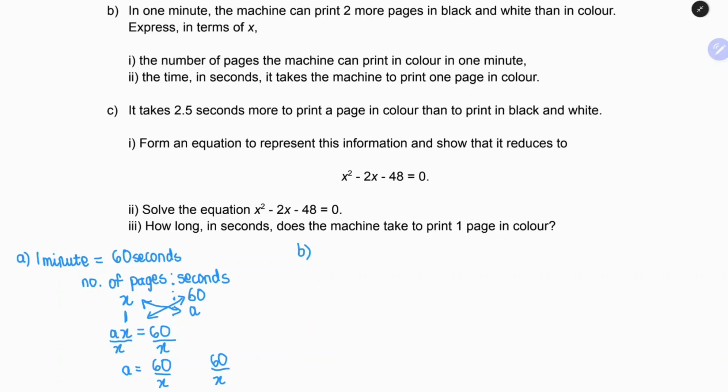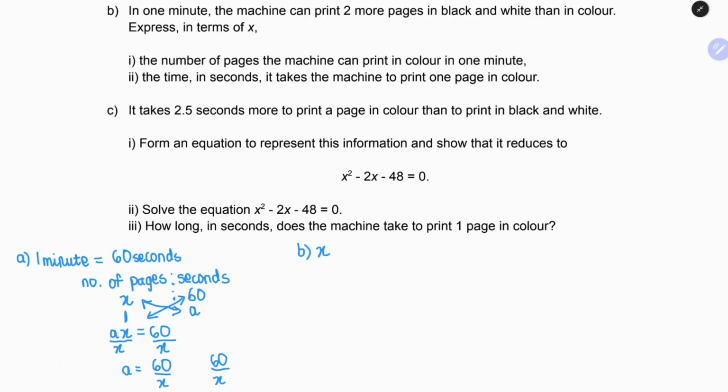So let us say that since we already determined that the machine can print X number of pages in 60 seconds, it's saying that it prints 2 more pages in black and white than in color. And if in black and white it prints X pages, that means that if I print in color, it's going to print fewer pages in the same amount of time.